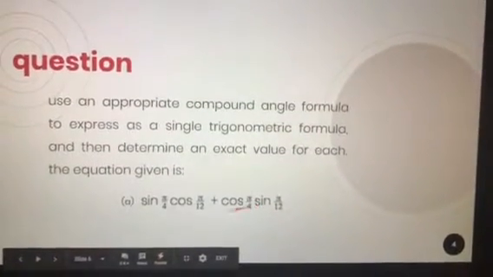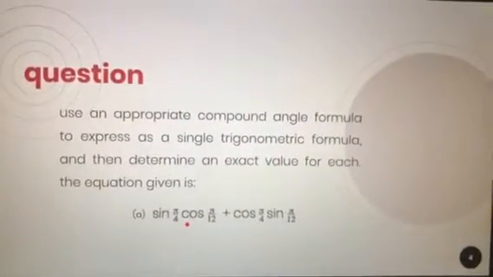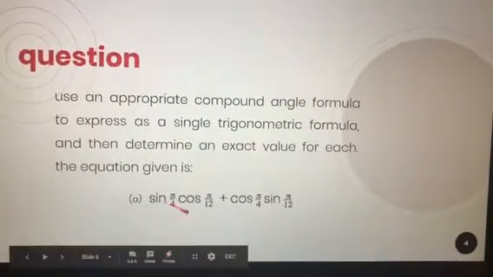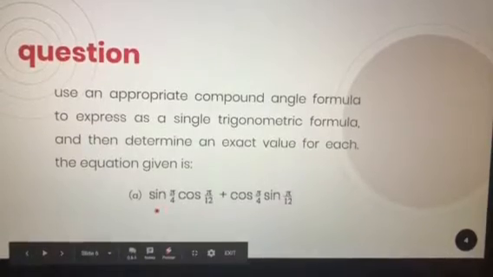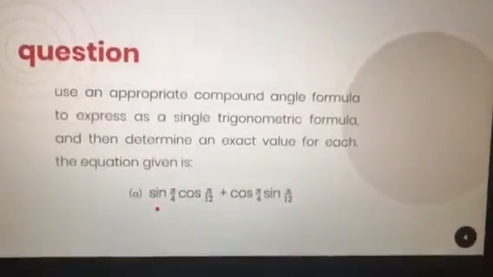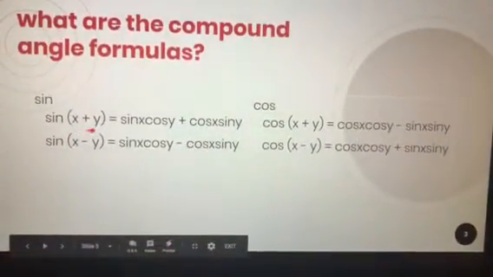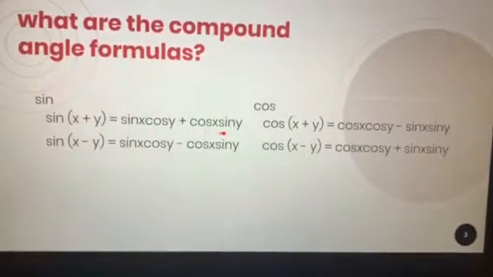Just by looking at this, I can already tell what my x and y values are. The original equation is sine x plus y equals sine x cos y plus cos x sine y.